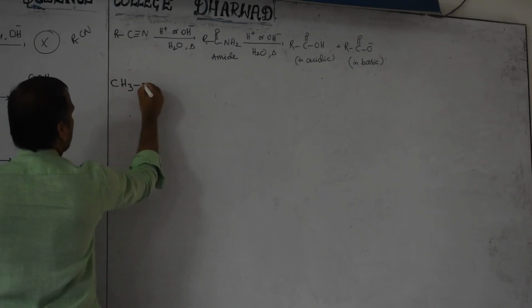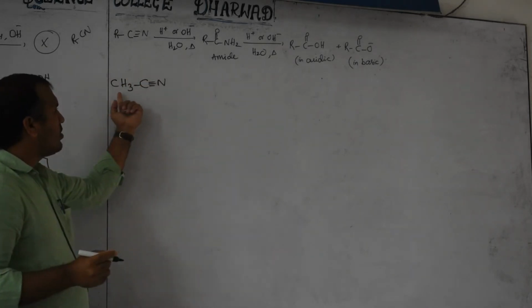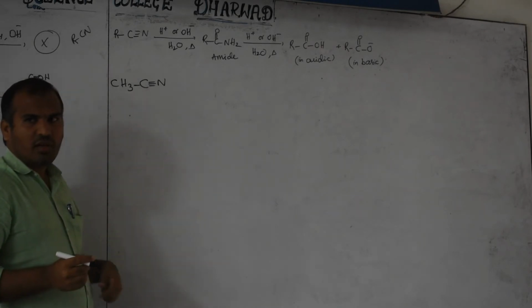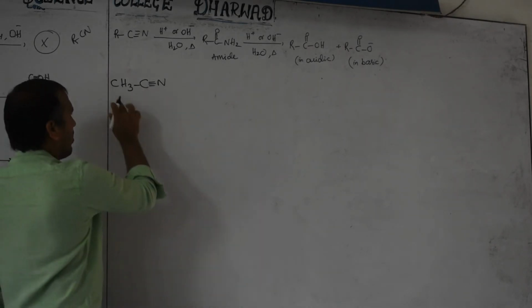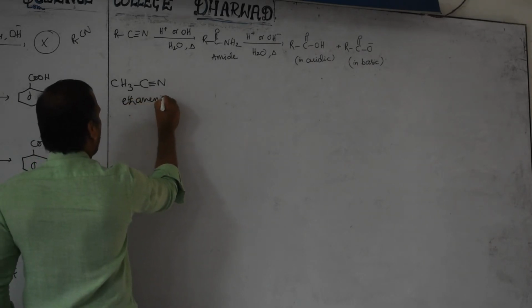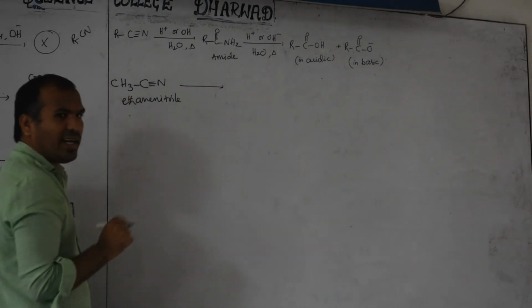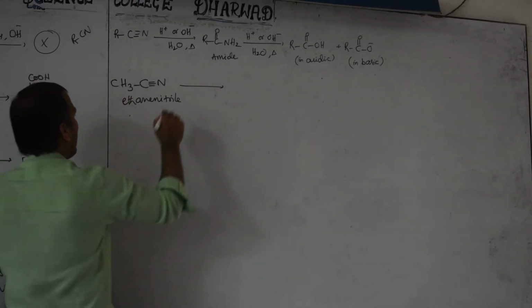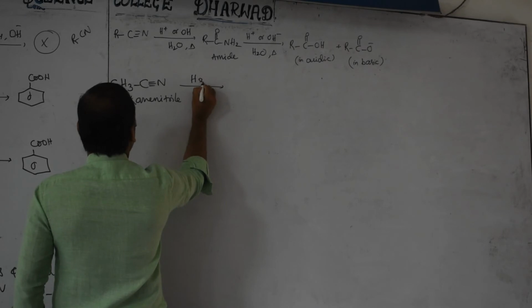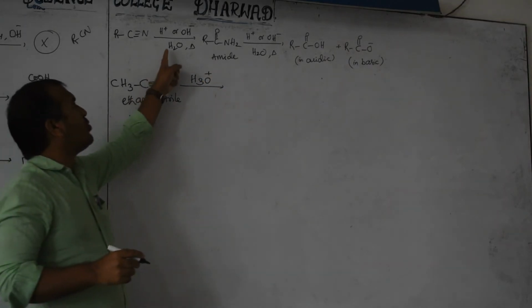Now take one example, CH3 C triple bond N. This is a 2 carbon nitrile, called ethane nitrile. Now I am taking acidic hydrolysis. In acidic hydrolysis, this is represented as H3O plus, that is H2O and H plus.